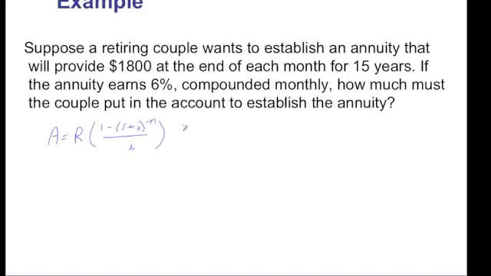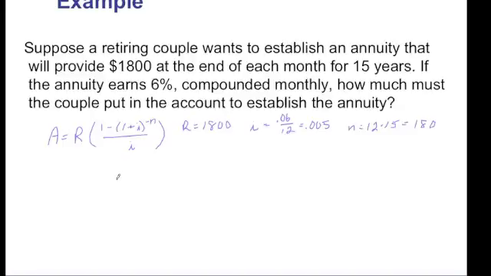Establishing those values, R will be our $1,800. I will be 0.06 divided by 12, since payments are at the end of each month, 12 times a year. This comes out to 0.005. And N equals the number of total payments, so 12 times a year for 15 years equals 180.